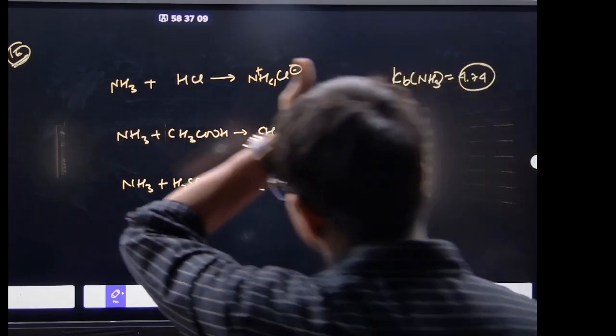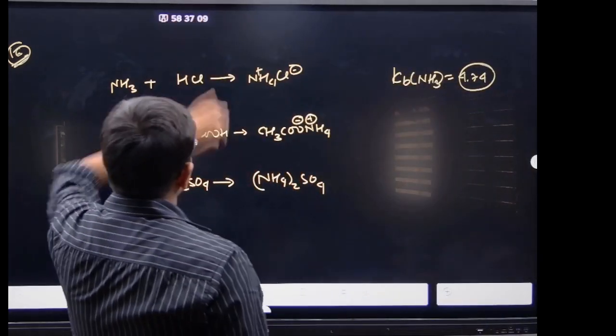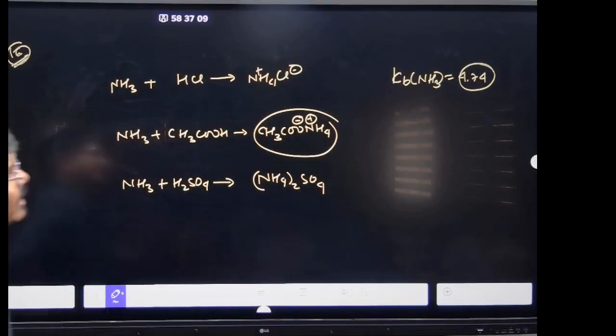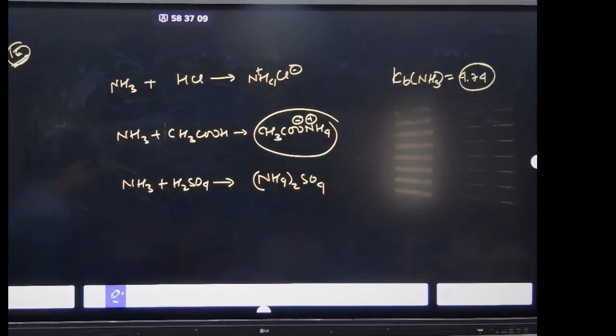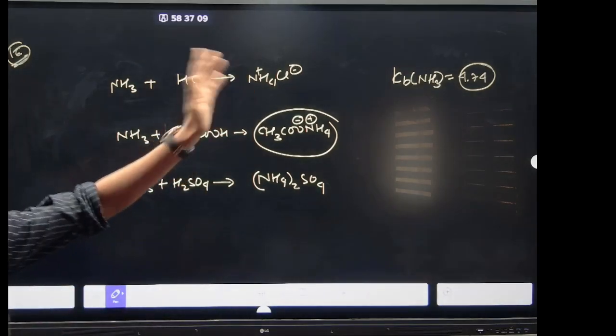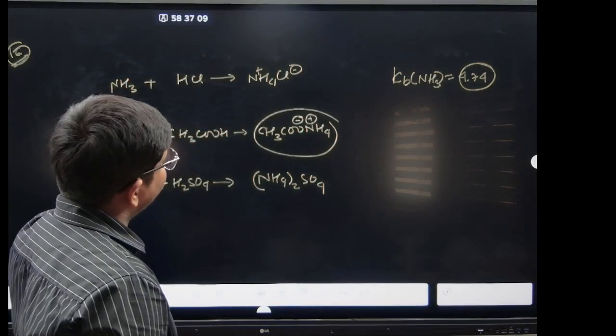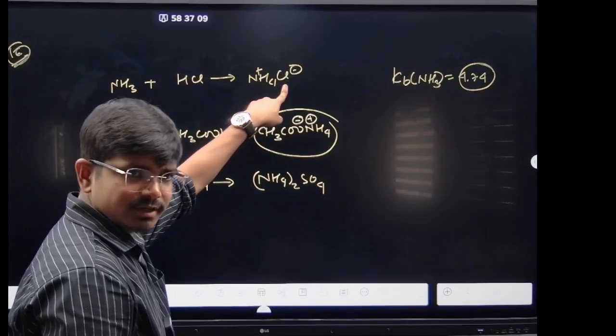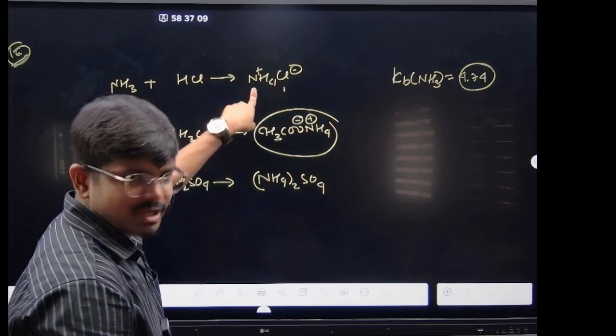See here, this is the salt of weak acid and the weak base. pH almost 7, not saying exactly but it will be around 7. अब देखो, this is the salt of strong acid, weak base. pH will be less than 7.